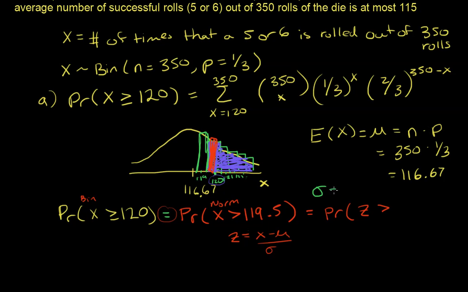Remember, sigma would be the square root of n times p times q for the binomial distribution. So this would be the square root of 350 times 1/3 times 2/3, and that comes to, I think, the square root of 77.78, something like that. Let me go ahead and write that here.